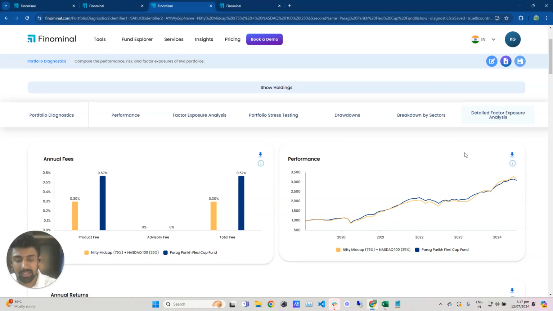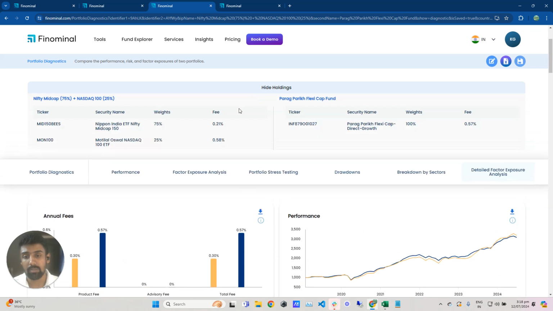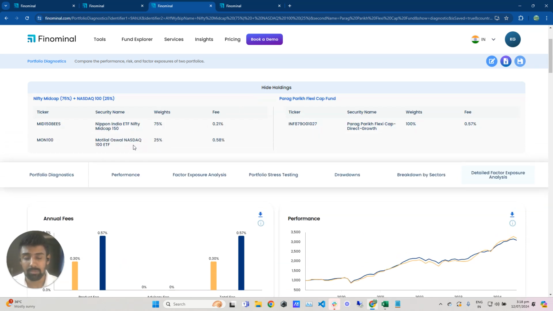So I think that concludes this video. What we have learned in this video is that Parag Parikh has high international exposure relative to its peers, and that international exposure is the reason why it has outperformed its peers. And you can replicate this fund using two simple benchmark ETFs, one is the mid cap fund, another is the Nasdaq ETF.